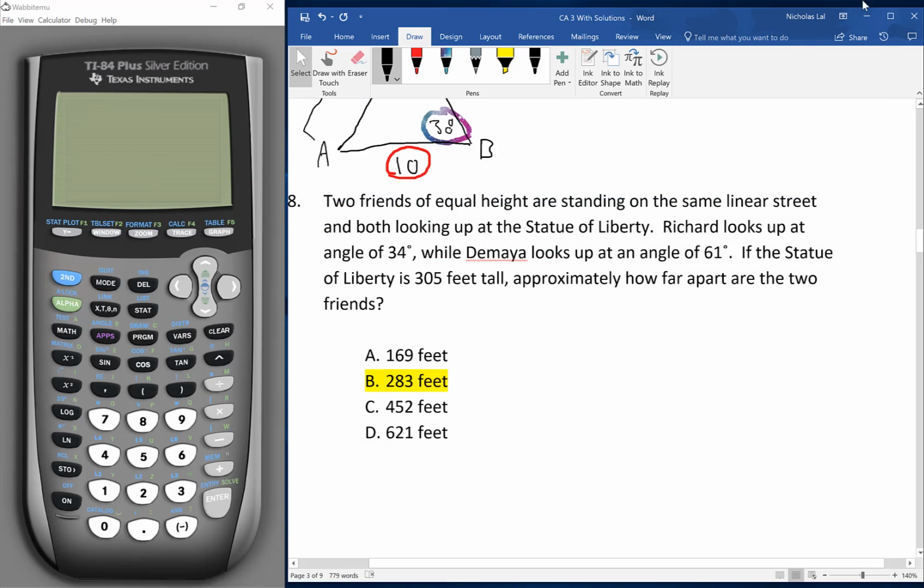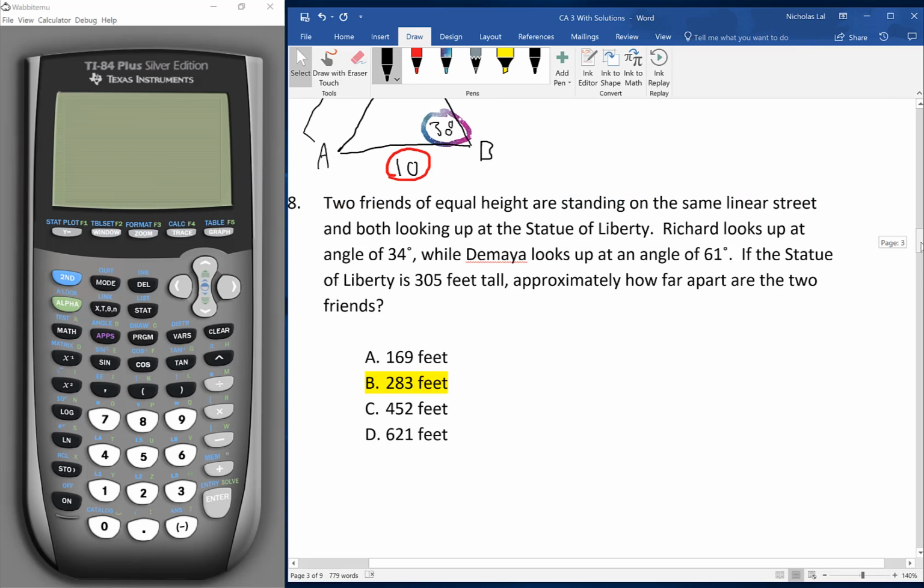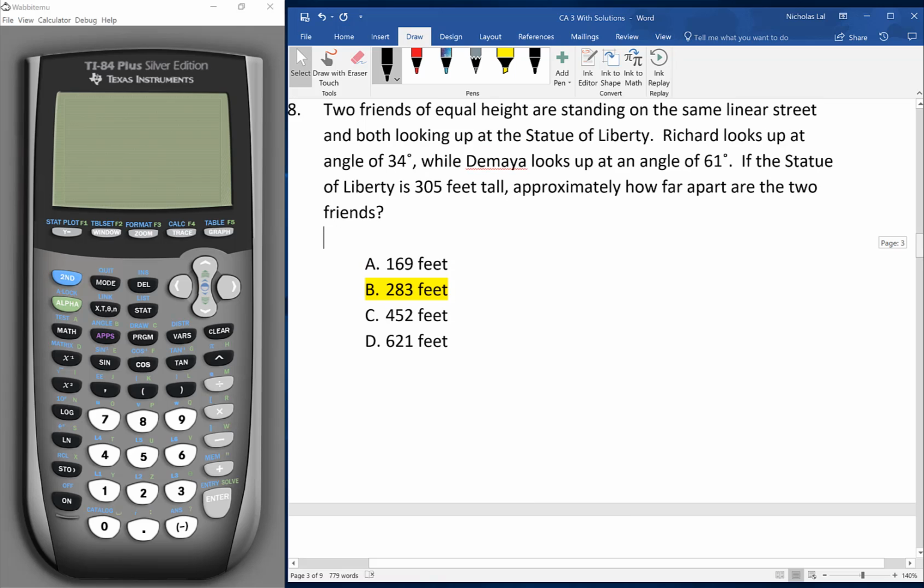Sorry about that. All right. So, Richard looks up at an angle of 34, while Demaya looks up at an angle of 61. The Statue of Liberty is 305 feet tall. Approximately how far apart are the two friends?